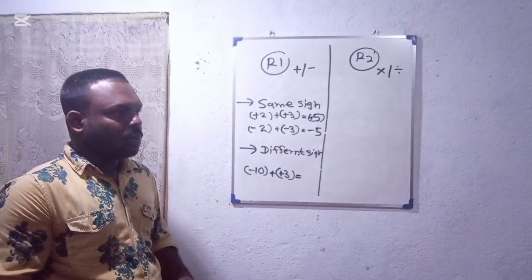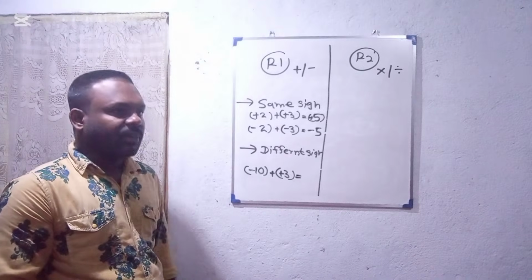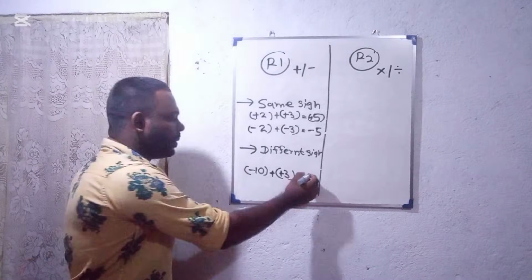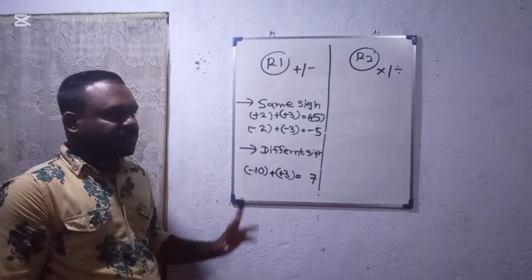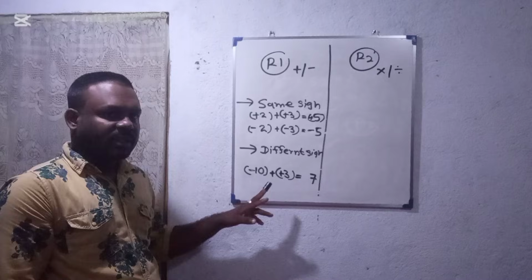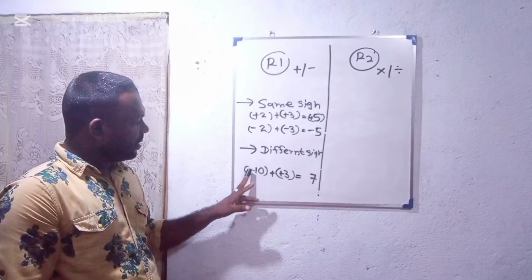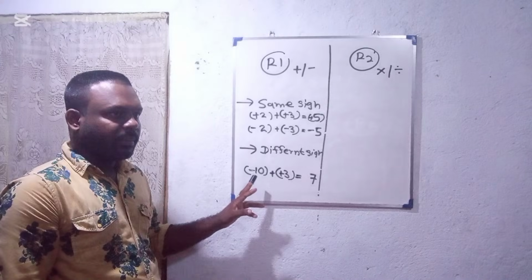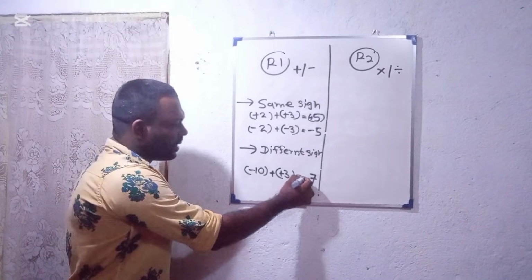10 minus 3, do what you usually do. What is the value? 7. And the rule says, subtract and put the highest sign. Which one has the highest sign? 10 is the highest number. It has minus 10, so the highest sign is minus.